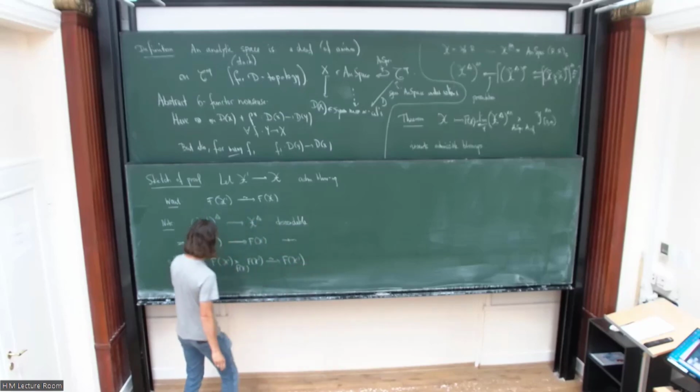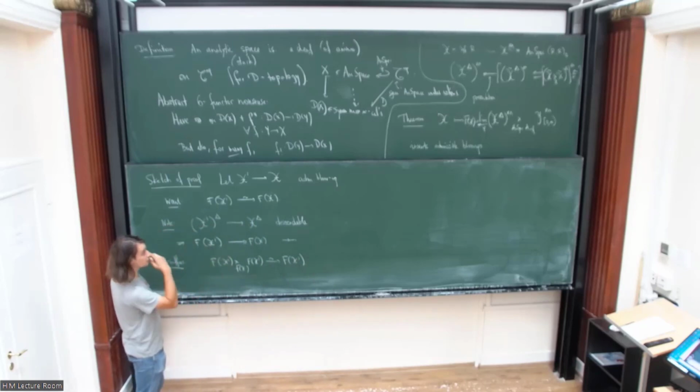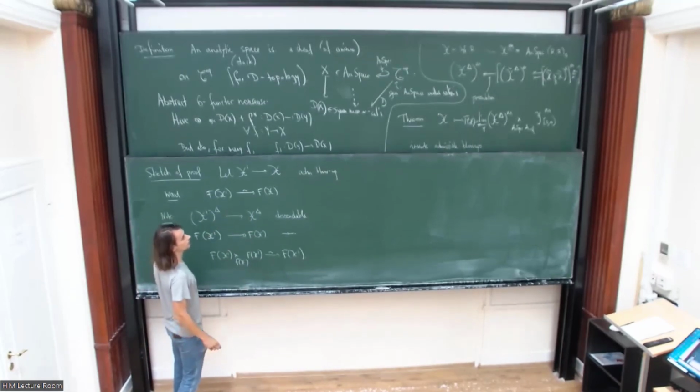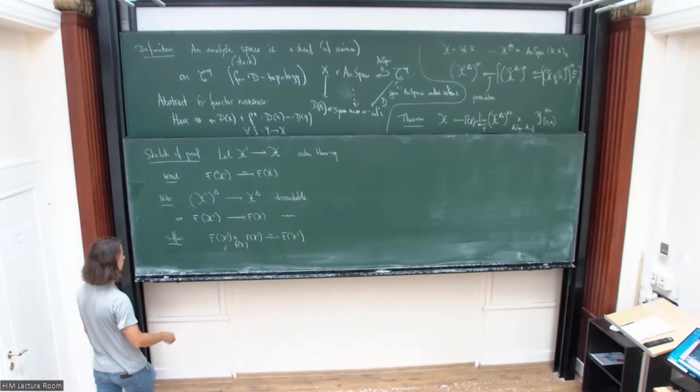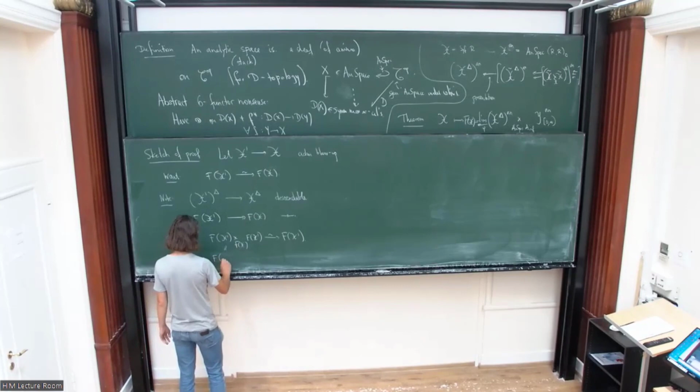Fine. But also prismatization commutes with limits, and also the other operations with all limits. So this is actually just F of the product.